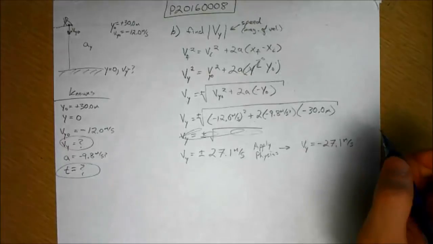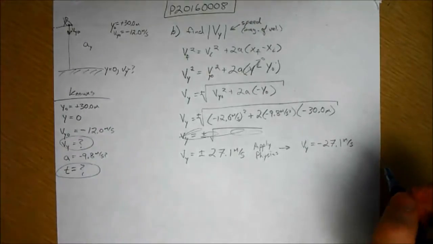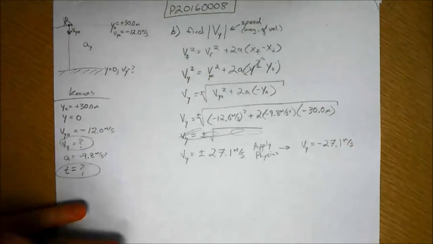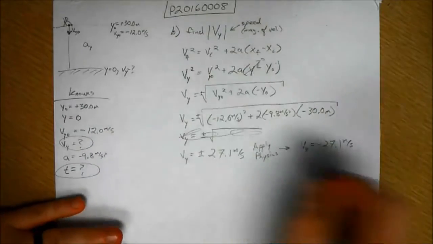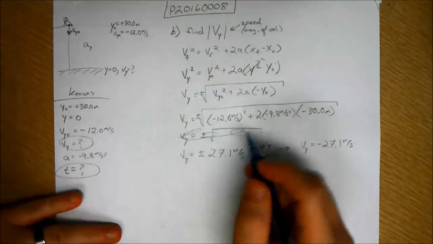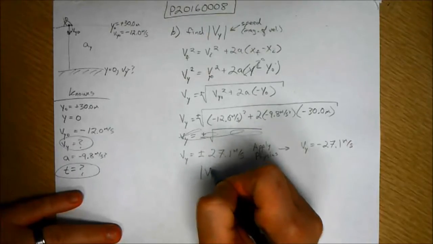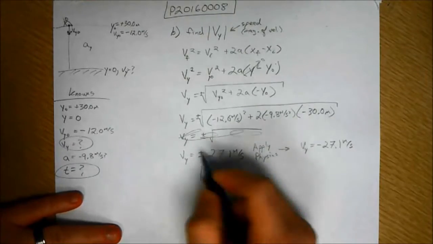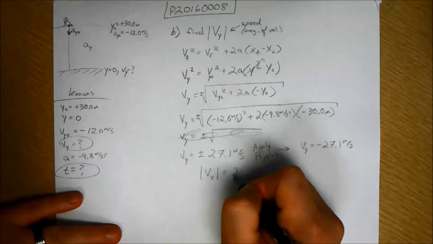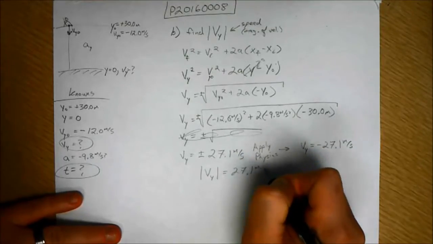Math gives us two solutions, physics gives us one. All right. However, if we want to get really picky now, the question asks for the speed. So the speed is going to be the magnitude of Vy, which is just equal to 27.1 meters per second.